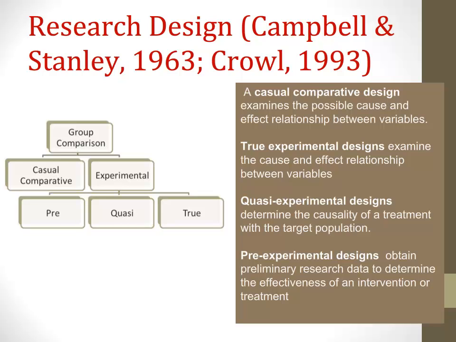What's important to note here is that pre-experimental designs are usually completed to obtain preliminary research data to determine the effectiveness of an intervention or treatment, and these are distinguished from true experimental and quasi-experimental designs because they oftentimes do not have a control group, or they don't include a pretest, and have severe threats, as I said, to internal validity. So, as we're concluding our discussion on the different types of research design, what's really important to understand here is the reason and the purpose of each of these designs.